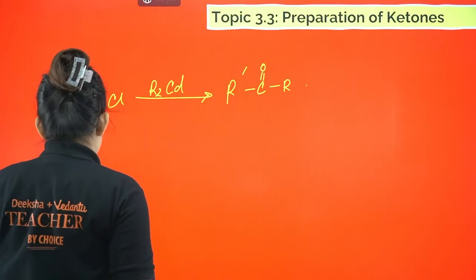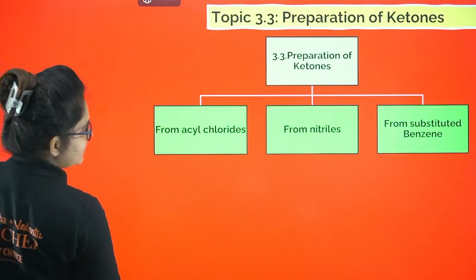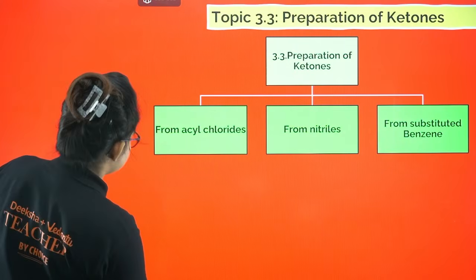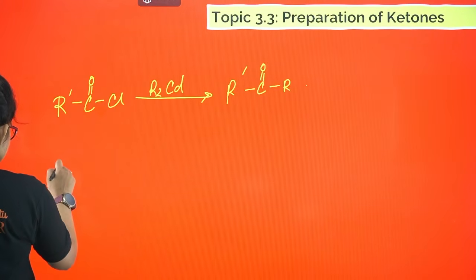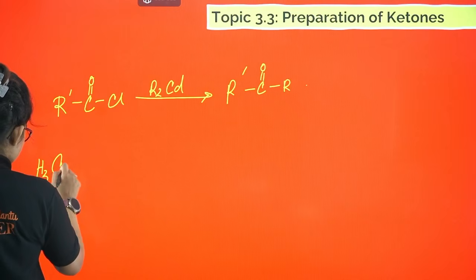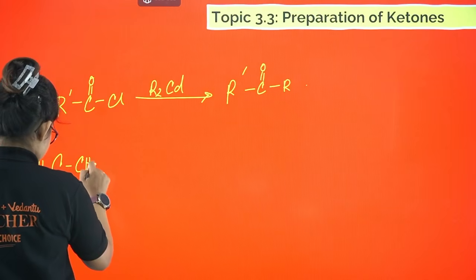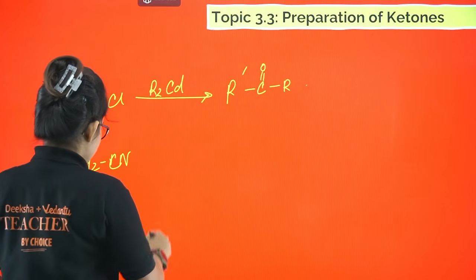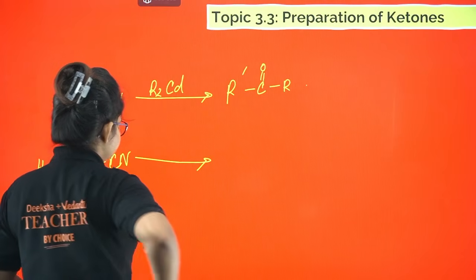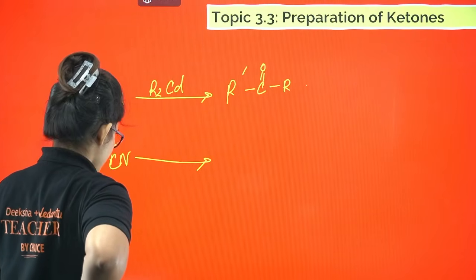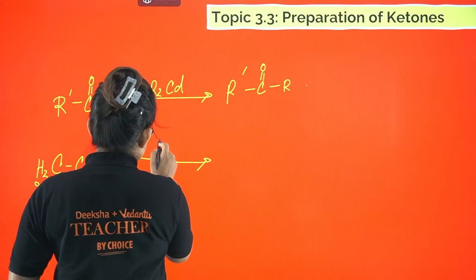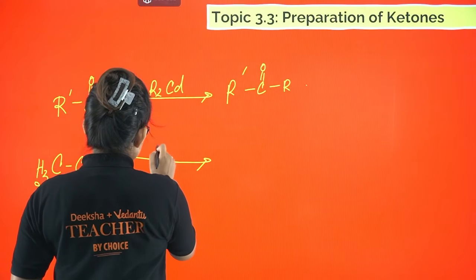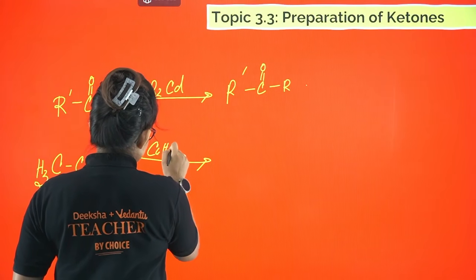Now we can start from nitriles. So CH3CH2CN, that is nitrile. Here I am giving, let's say, C6H5MgBr, benzene with MgBr.